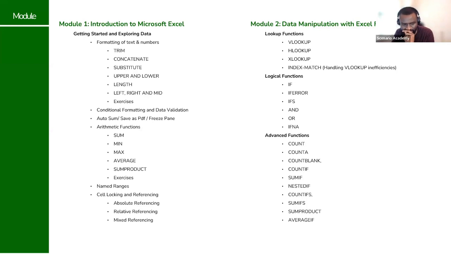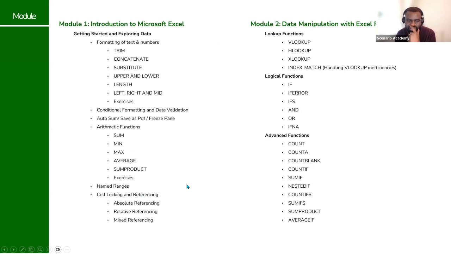And then one of the most important concepts in Excel is referencing, right? Which we have 3 concepts: absolute referencing, relative referencing, and mixed referencing. Now, the truth is that once you understand this concept, this is like the engine of Excel. Once you're able to understand this concept, every other thing will become seamless for you.